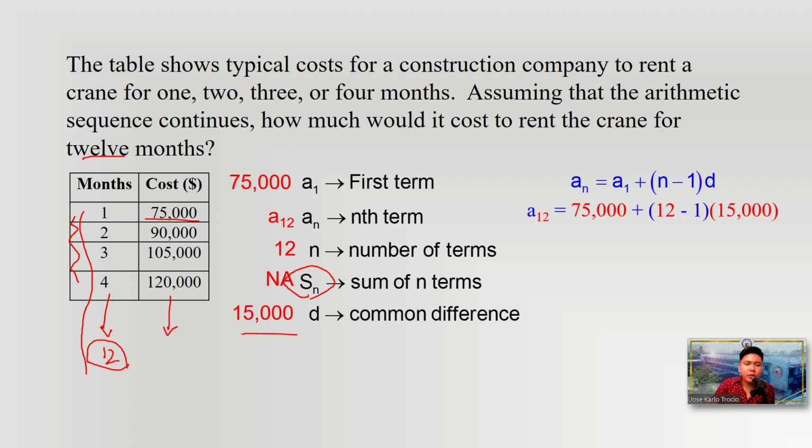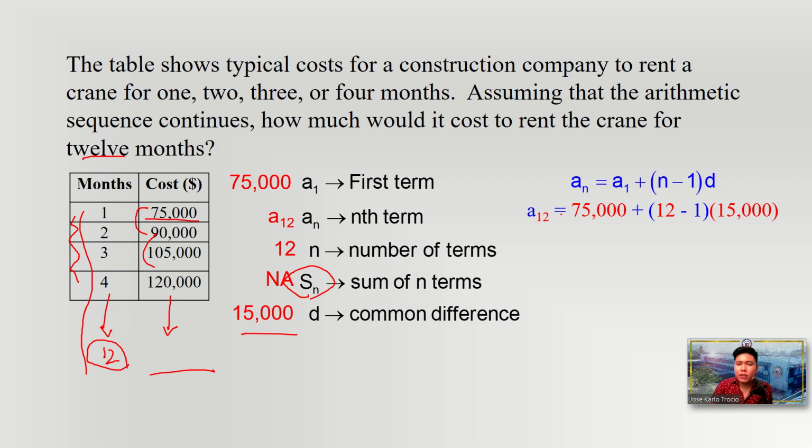How were we able to do this? We just subtracted 90 minus 75, 15,000. 105 minus 90, 15,000. So you have here, again, the formula. You can substitute here. We're looking for the 12th term, okay?